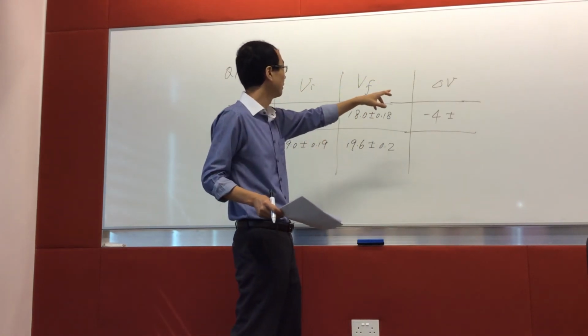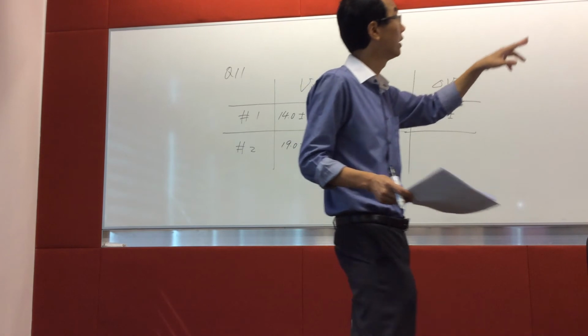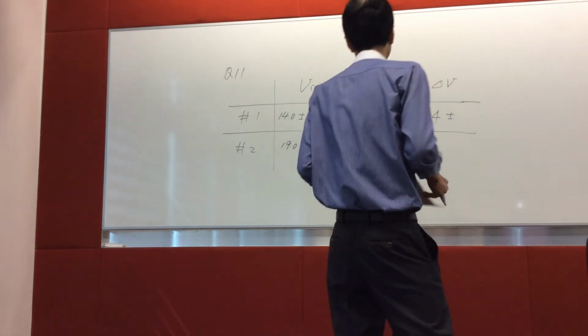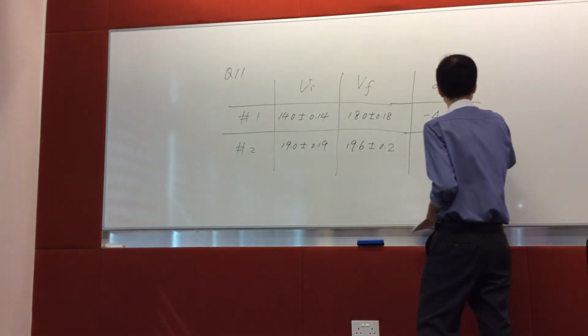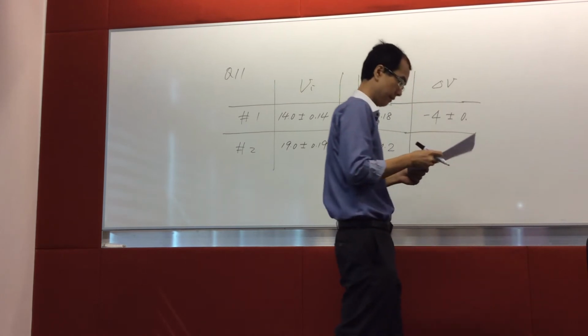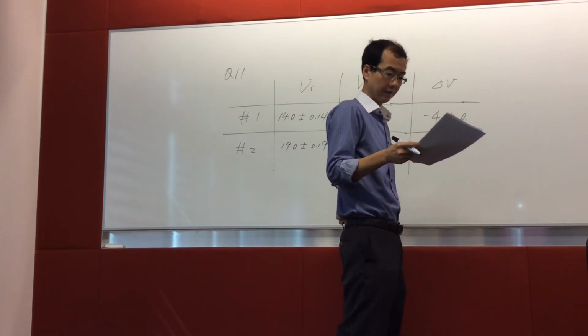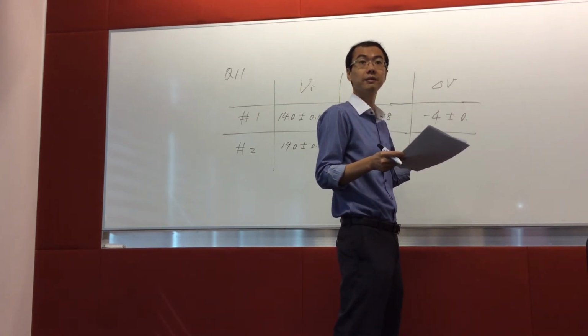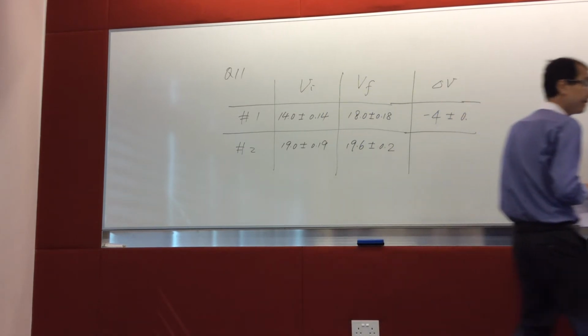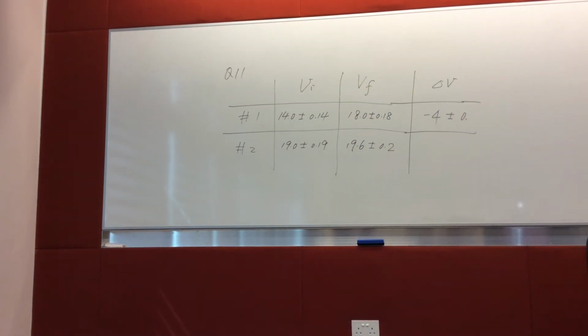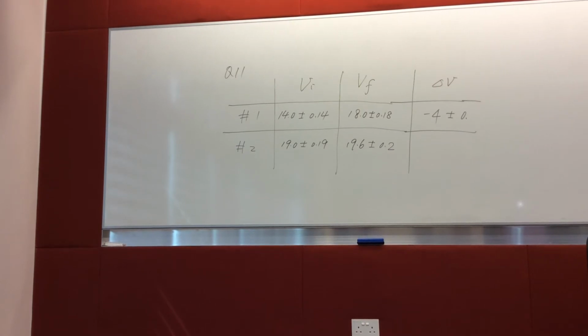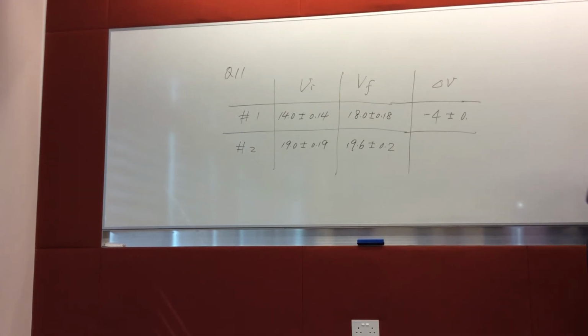Okay, for this one, because delta V is Vi minus Vf, what is the uncertainty for this case? What is the uncertainties for this case?